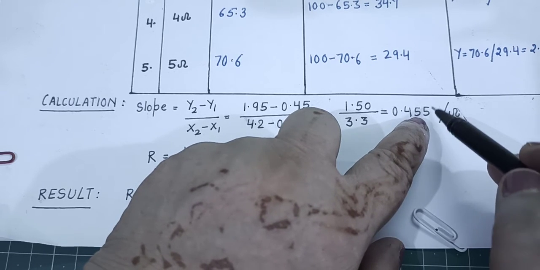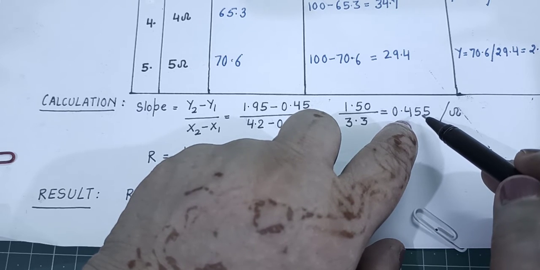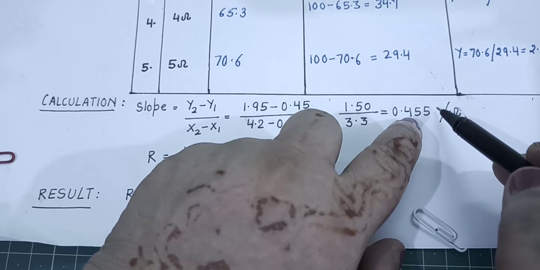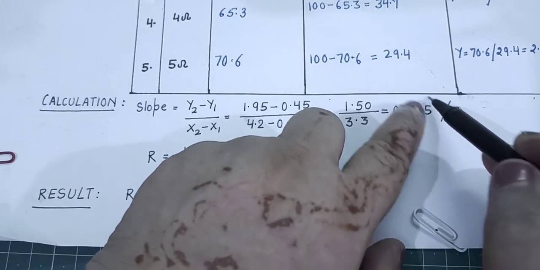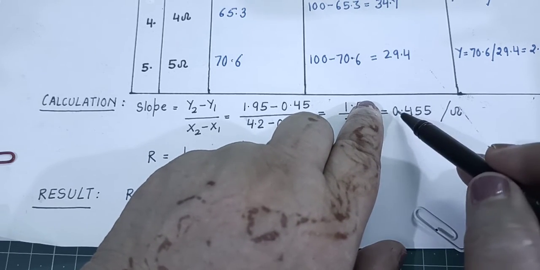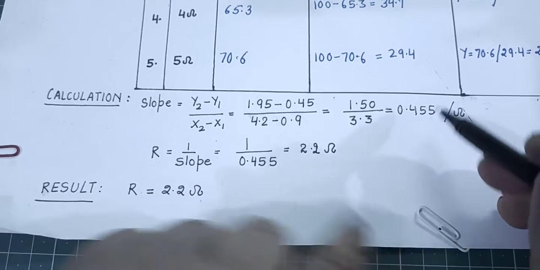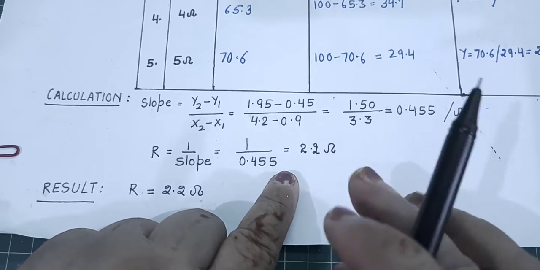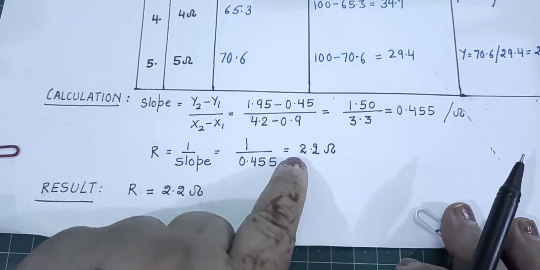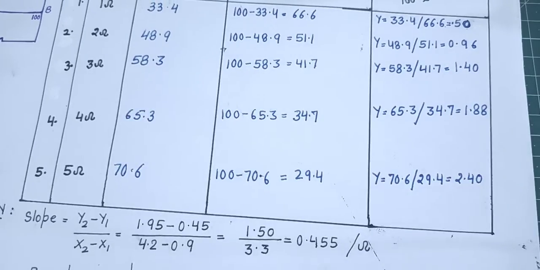So that 0 which is here, you can read that in one go. So then if 0 is added here, the significant figure will become 4. But if 0 is here, you cannot read it in the number, so significant figures are 3. And they asked us to calculate R up to 1 decimal place, so all the instructions are taken care. Y up to 2 decimal place, all the instructions are taken care.